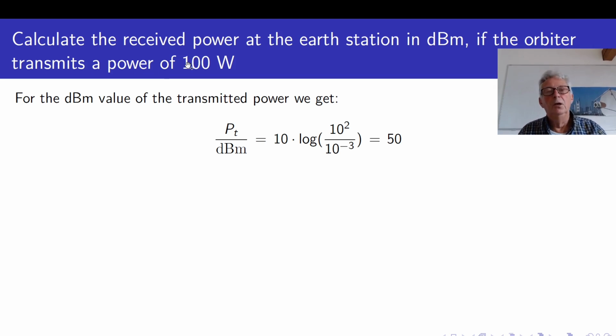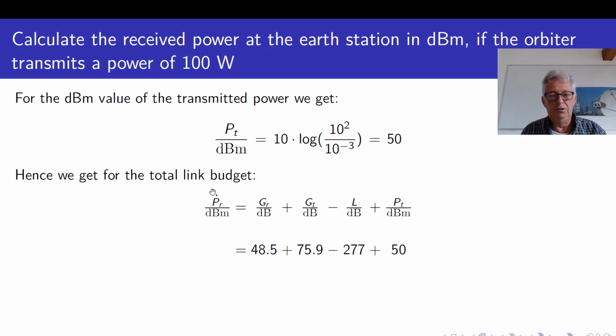100 watt. So in the first step we must change the transmitted power from the linear scale of 100 watt to the dBm scale, we have P divided by dBm is 10 times log 10 to the power of 2, which means 100 watt. And here we have 1 milliwatt, so the watt will cancel and we end up in a value of 50. So now we can apply our link budget.